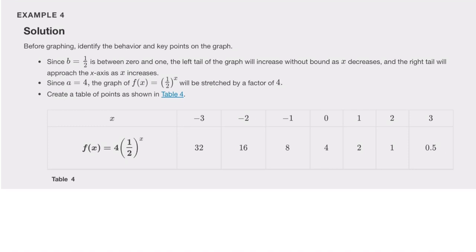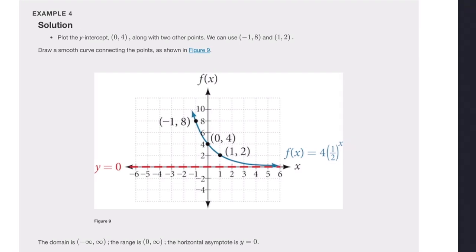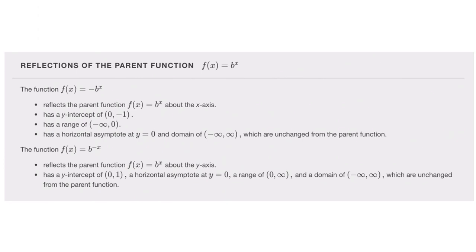Since a is 4, the graph will be stretched vertically by a factor of 4. So they created a table of points, right? They chose -3, but that's fine. And then found the corresponding y's and plotted the points with our horizontal asymptote. So then the domain is all reals, range is 0 to infinity, and the horizontal asymptote is y = 0. Okay, not too terrible.